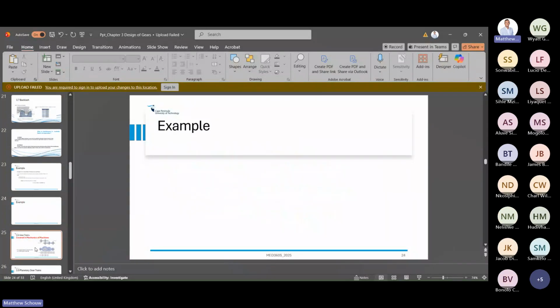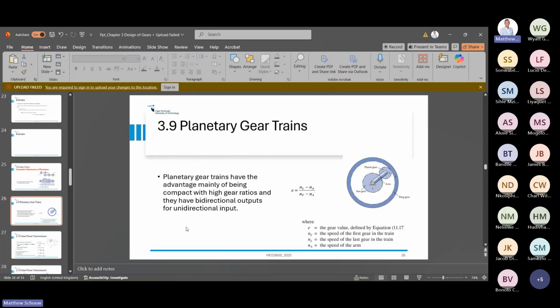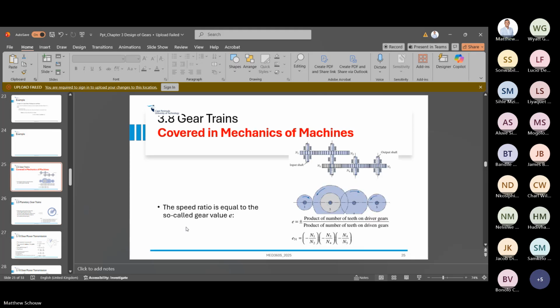Gear trains are covered in mechanics of machines. You can go over these things again yourself. I'm not focusing on this. We call it self-study. You should have done gear trains, so you can go over that.